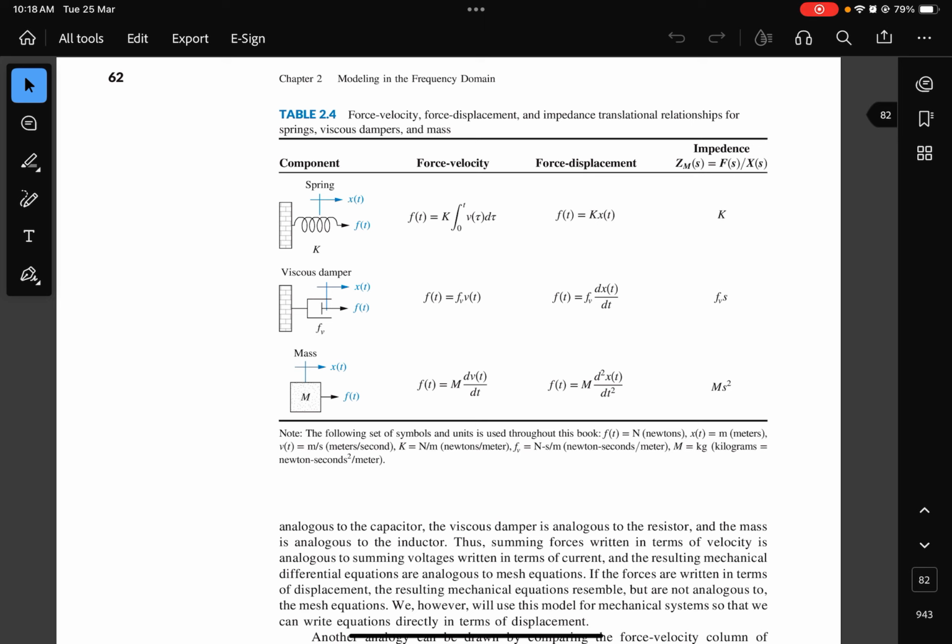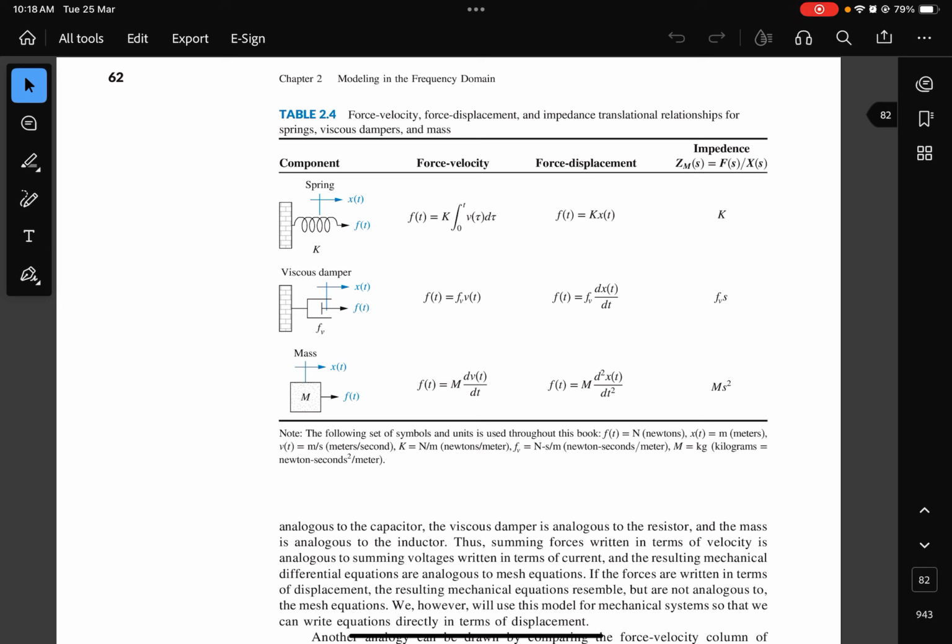It's a coefficient, like a number. And lastly we have mass, where the equation is f(t) equals m d squared x(t) over dt squared, which is effectively F equals ma, because the double derivative of displacement is acceleration.